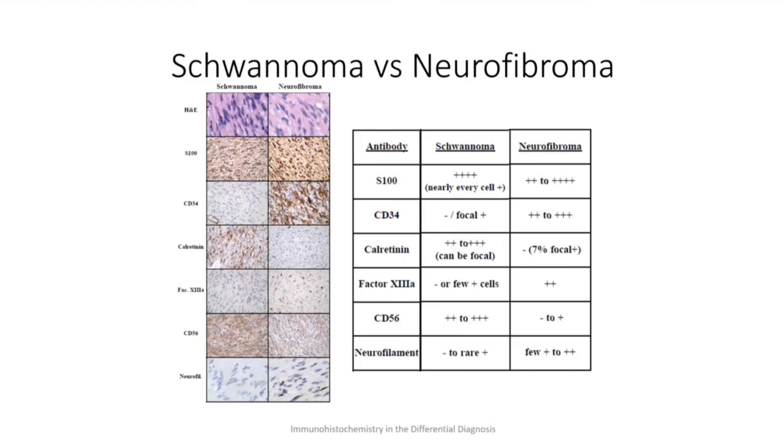There are a couple of things that we do think of all the time for these types of tumors. One being S100 stains very well in schwannomas, and then neurofilament can be present in neurofibromas, but not as present in schwannomas. And then there are some other markers that can also be used when looking to differentiate the two.